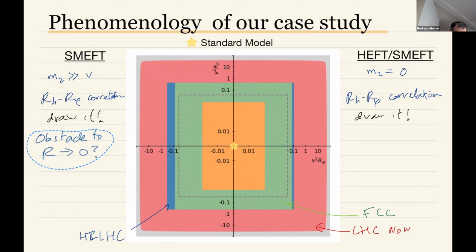Is there any obstacle there? And for that, you can go back to the model explicitly and find out what is the explicit expression for the mass of the singlet that we're integrating out.